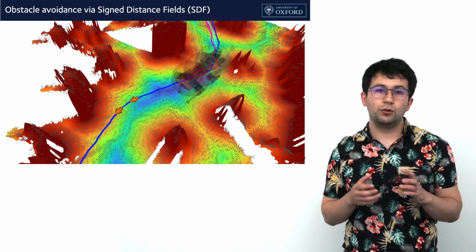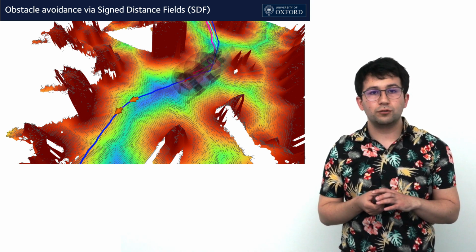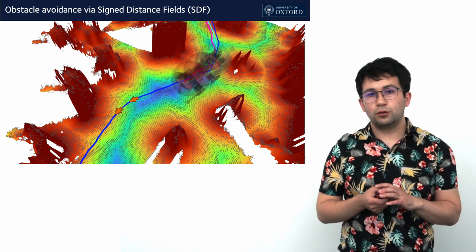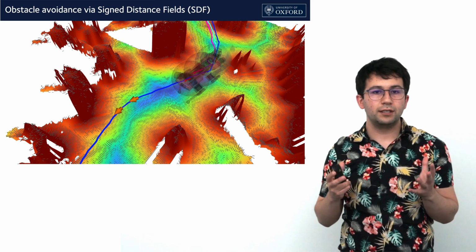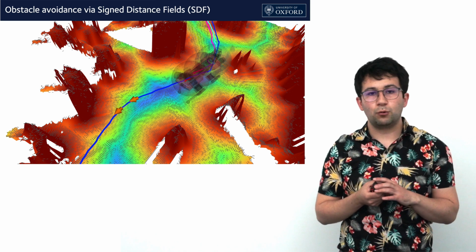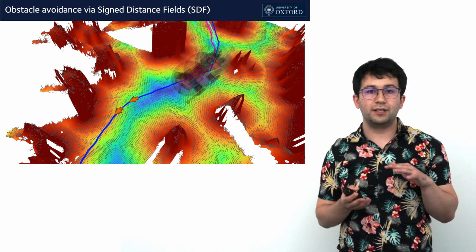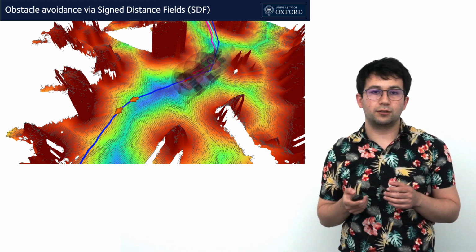For example, here we can observe a signed distance field, which is a classical representation for optimization-based motion planning. In this case, we're using the local information to obtain a local field that keeps the robot in safe places. We can compute this pretty efficiently since we consider the world as a 2D space, so we can compute it in milliseconds.